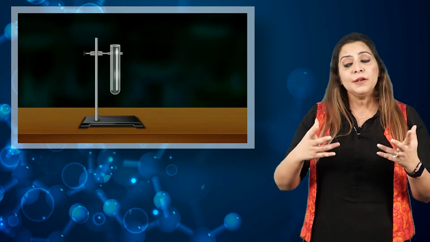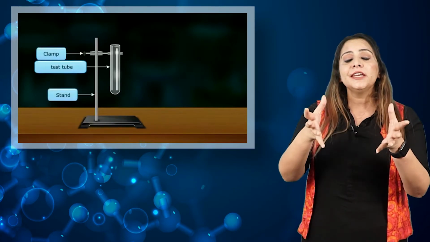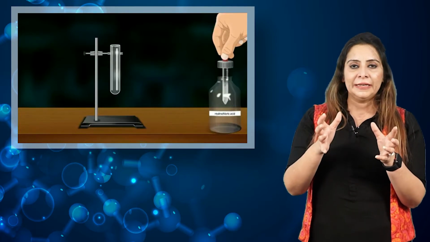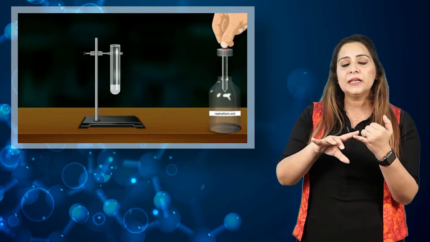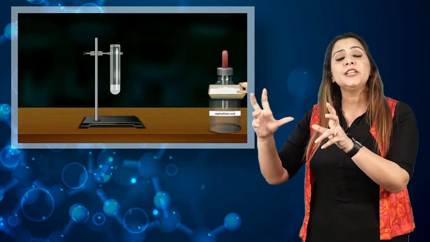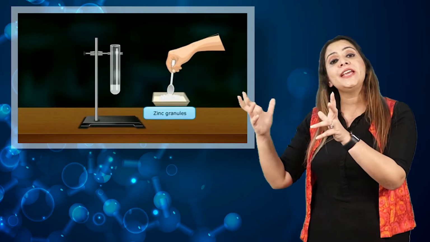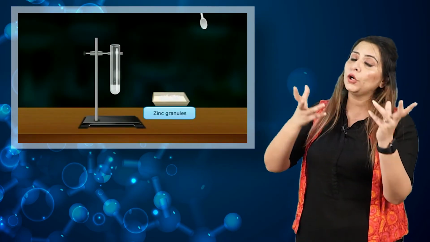We can make out that reactions are taking place by taking into consideration a few characteristics of the chemical reaction. The first characteristic is that it is accompanied by a change of color. Initially the reactants are of some color, and when a product is formed, it is of a different color.